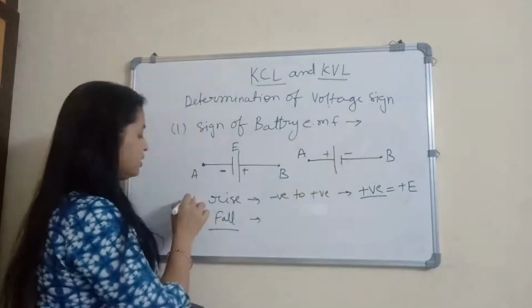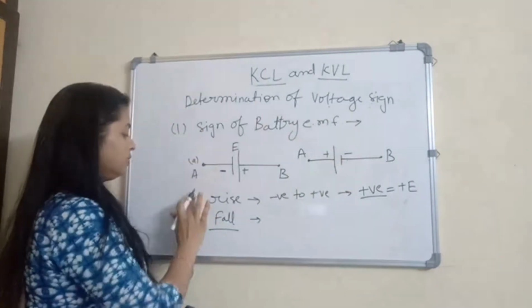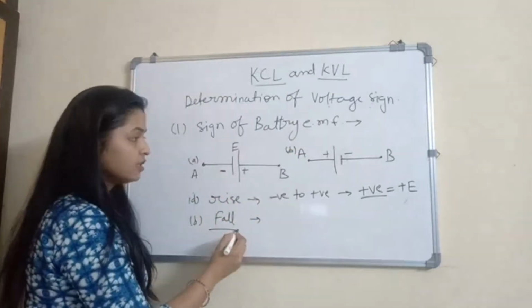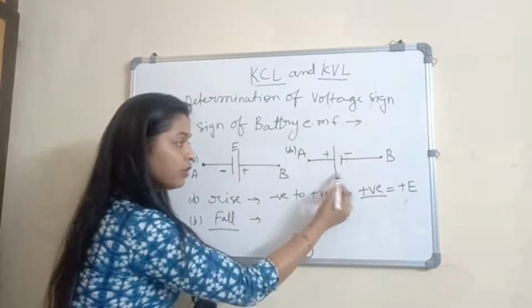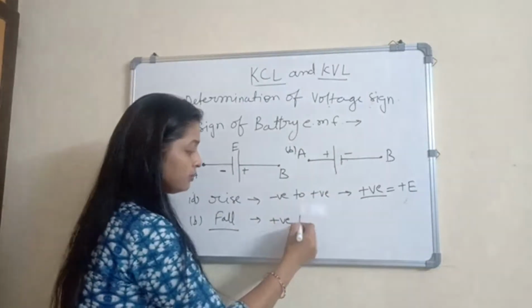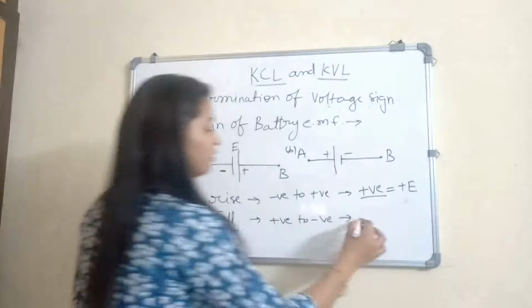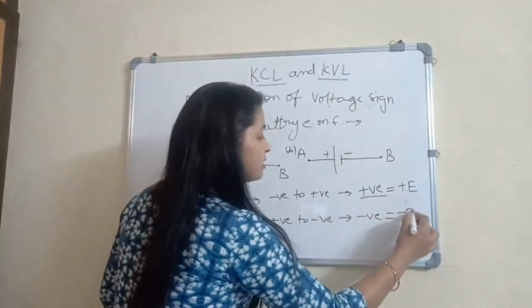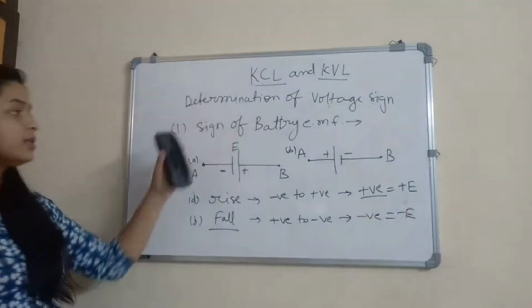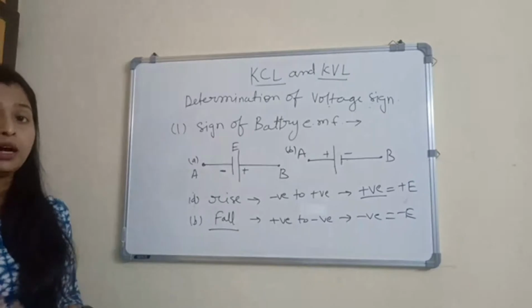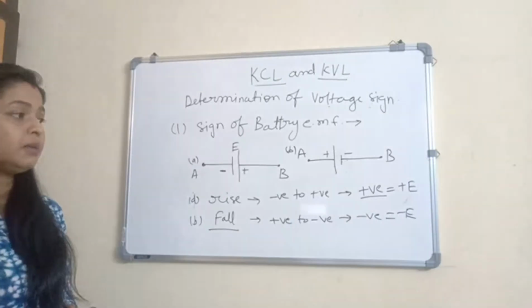Okay. So this is the first example, and this is my second example. So this is the fall. Fall means we are jumping from positive to negative. So we have to consider that battery as negative, I mean minus E. This is the sign of battery: when we need to put plus and when we need to put minus.